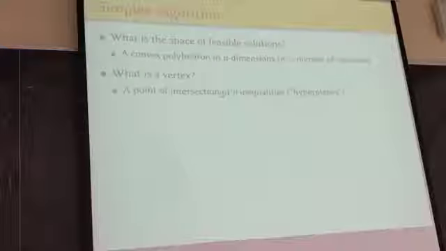Okay. So what's a vertex in this dimension? It's a point where all of the n inequalities intersect. So there are n variables. Remember that the number of constraints could be larger than n.